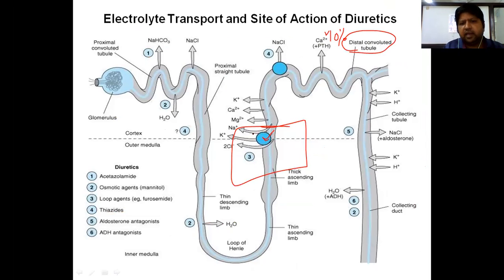But here in the loop of Henle, 25% of sodium is reabsorbed. That's why by blocking this sodium potassium chloride co-transporter, loop diuretics increase the excretion of 25%. 25% of sodium will be excreted out along with water. So that's why we call it a strong diuretic, a profuse diuretic.